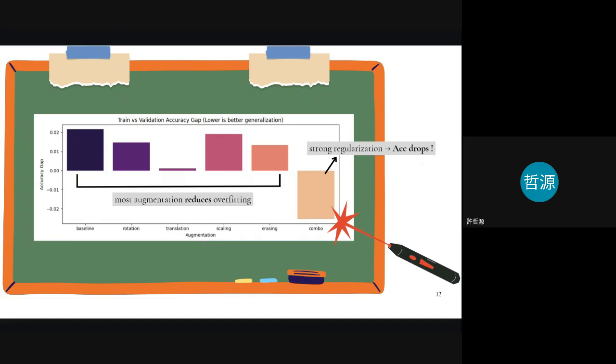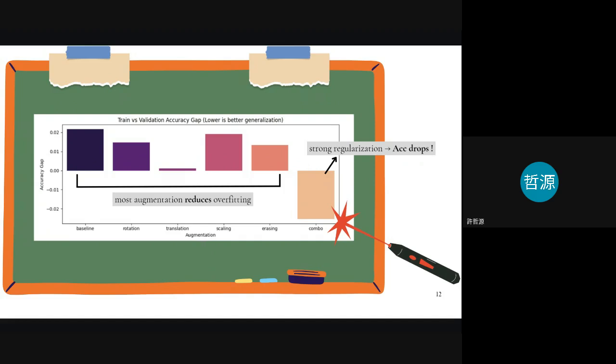The training images were so heavily distorted that the model actually performed better on the clean validation set. This chart proves that data augmentation is a highly effective tool for preventing model overfitting.